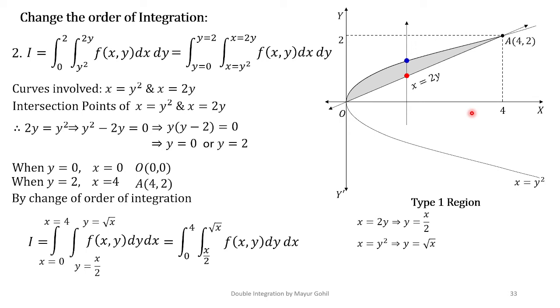Let me take up a similar question. Observe here, in this question what we did is that this region between the parabola and the straight line has been taken, right?